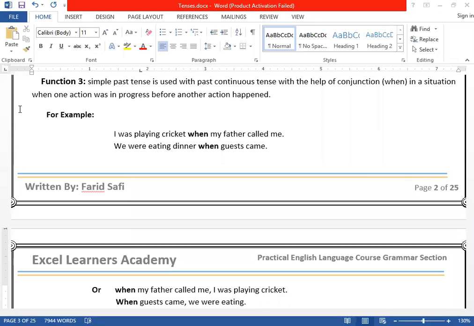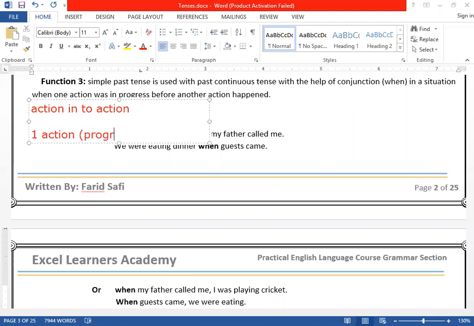You can have a situation and we can call that situation action into action. What I mean by action into action, it means that when one action was in progress in the past, clear? Like for example, one action is here and this action was in continuation, but this action was in what?